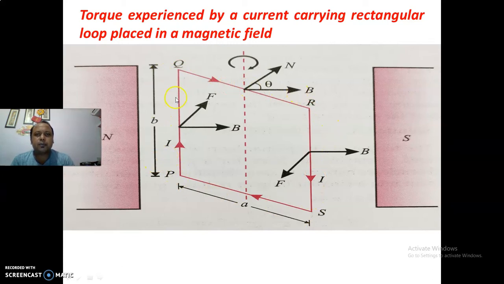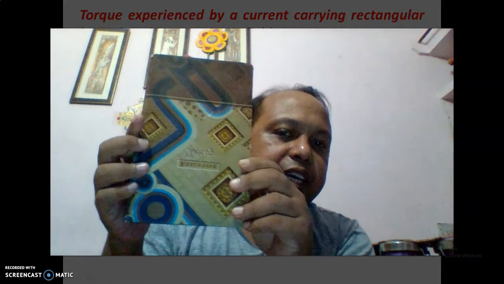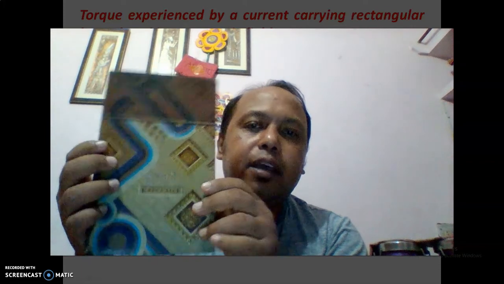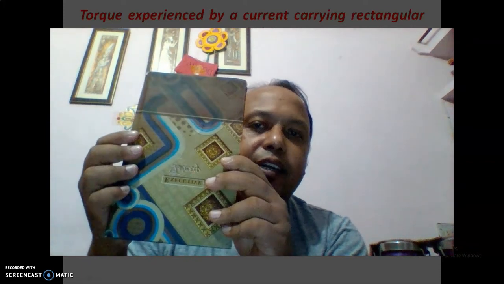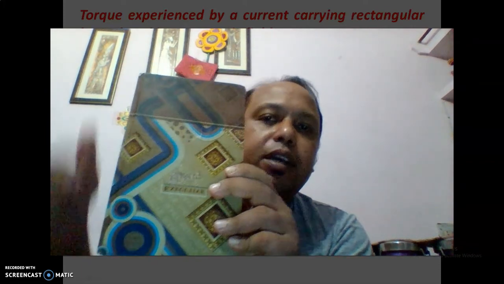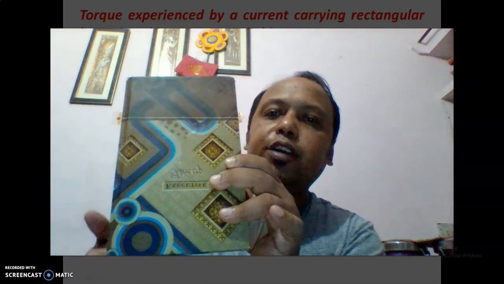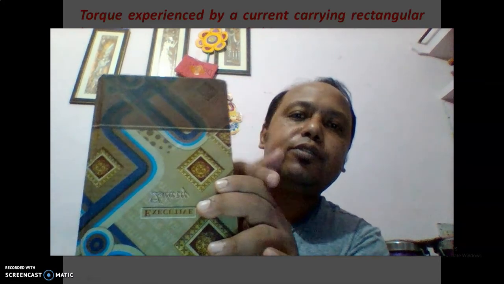direction. Now let me demonstrate something to you so that you can understand it more properly. Suppose I take a rectangular coil like this. This is just a rectangular coil I am considering. In this rectangular coil, suppose this is P, Q, R and this is S. Now the current is flowing from P to Q to R to S like this.